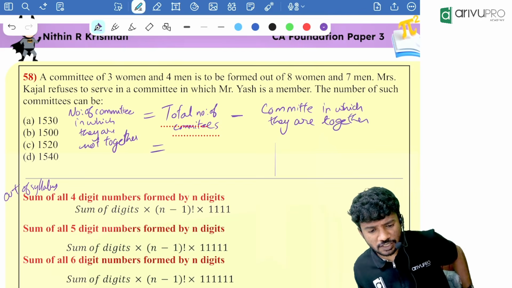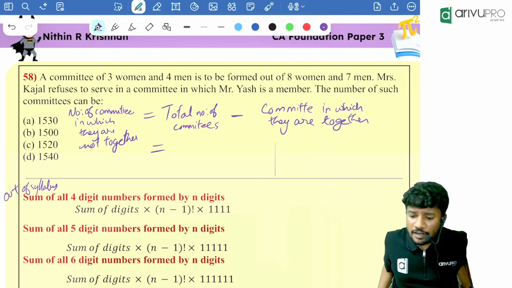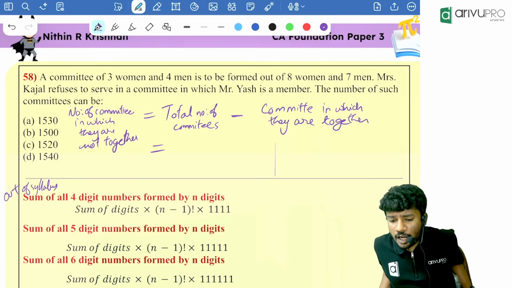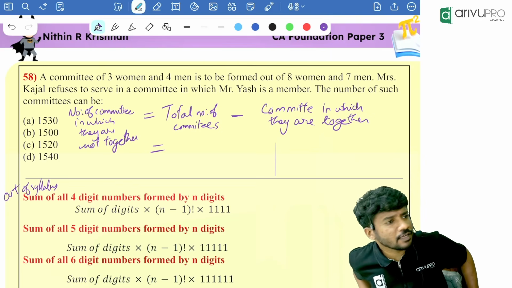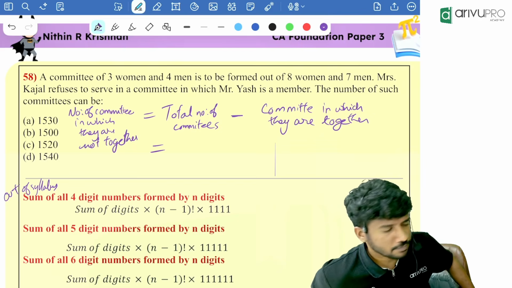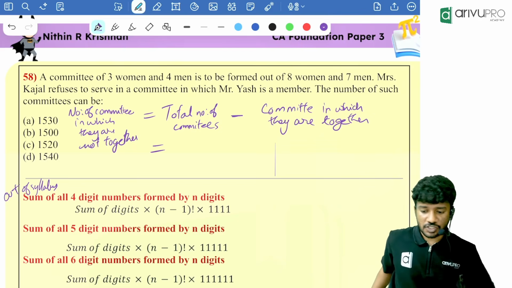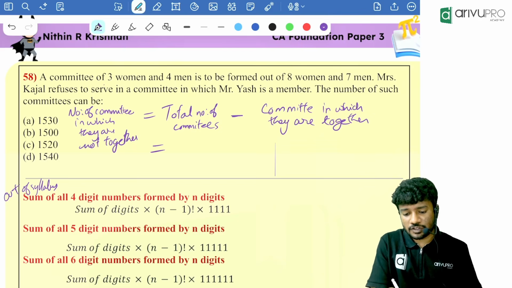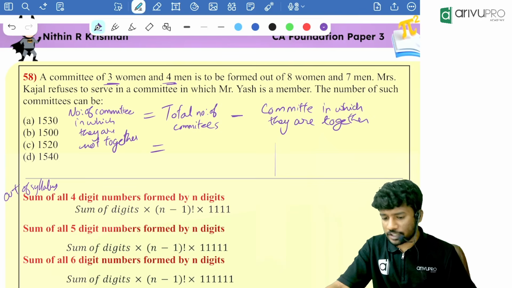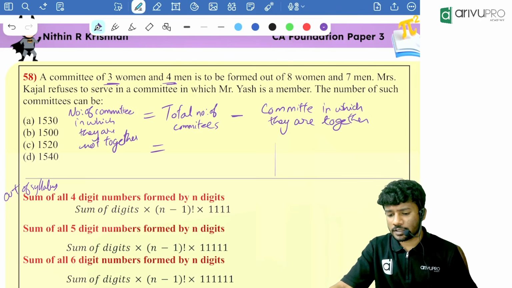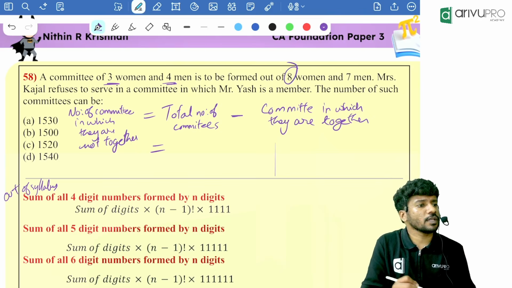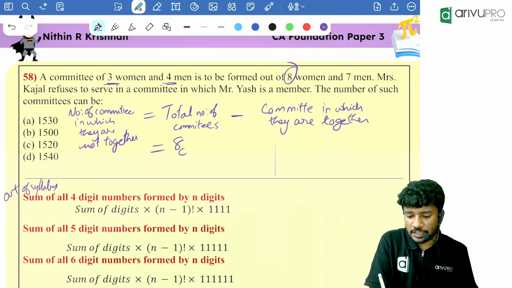What is the condition? 3 women and 4 men formed out of 8 women and 7 men. Can anyone tell me the total selection? We need to form a committee with 3 women and 4 men. 3 women can be chosen from 8 women, so 8C3.